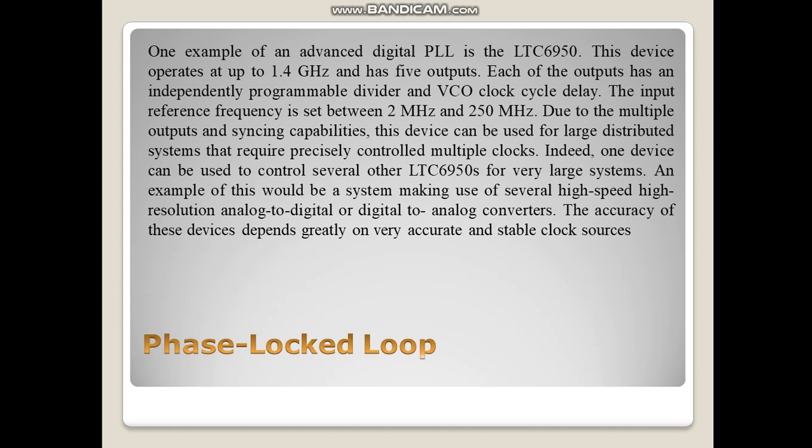The error signal is then low pass filtered and used to drive a voltage controlled oscillator which creates an output frequency. The output frequency is fed through a frequency divider back to the input of the system, producing a negative feedback loop. So this will help us to discuss the various applications.